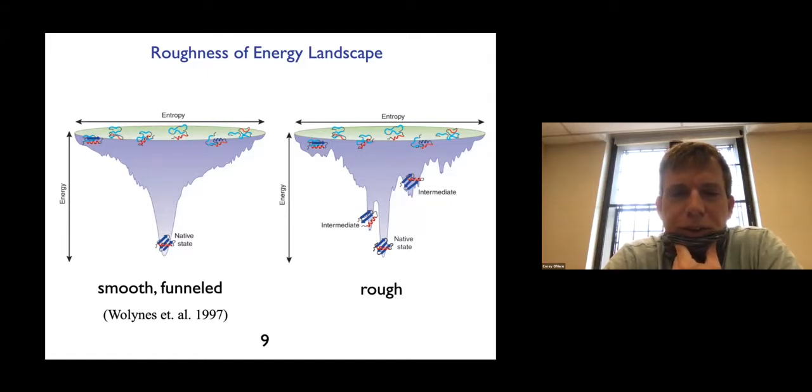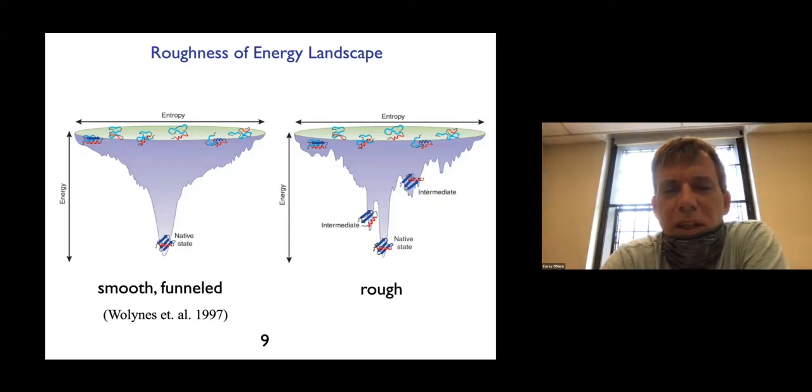So the one on the left is what's called a funneled landscape, where the roughness is very weak. Roughness means the root mean square fluctuations in the energy are fairly small, and it's very difficult to get trapped in a fake minimum, or a minimum that's not very deep, and the minimum corresponding to the native state of the protein is very deep.